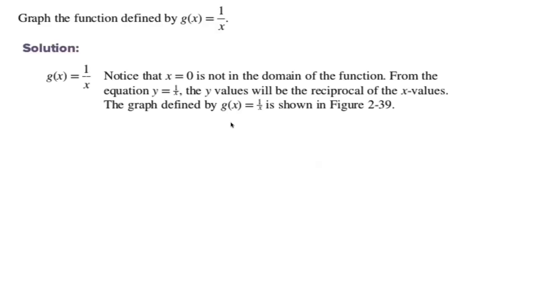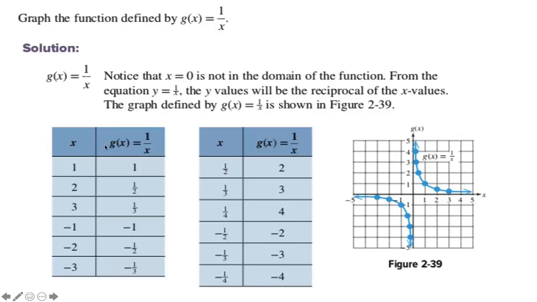Here's another common function, 1 over x. Notice that the domain does not include 0, because I can't divide by 0. And so the domain is all real numbers, not including 0. And then usually with these functions we try to plot out some values and get a rough picture of what they look like. If I plug in some points, for any input, the output is just the reciprocal.